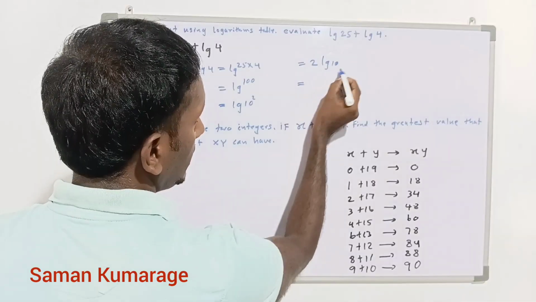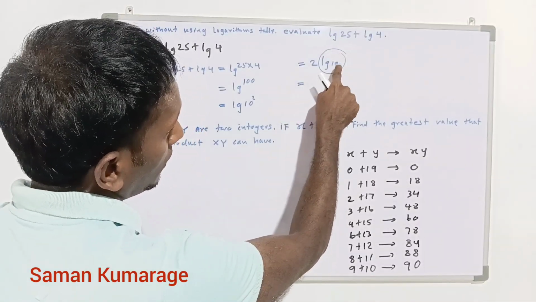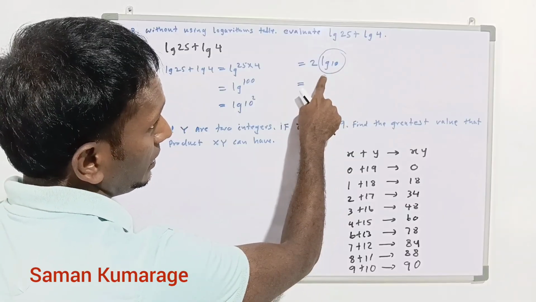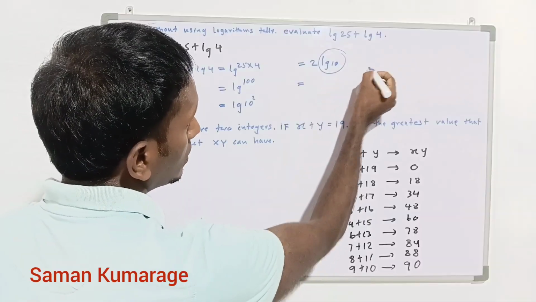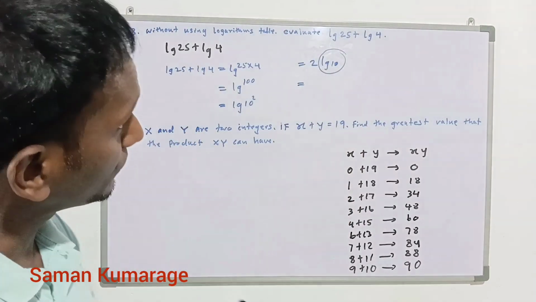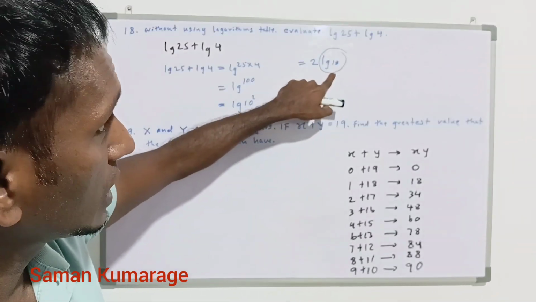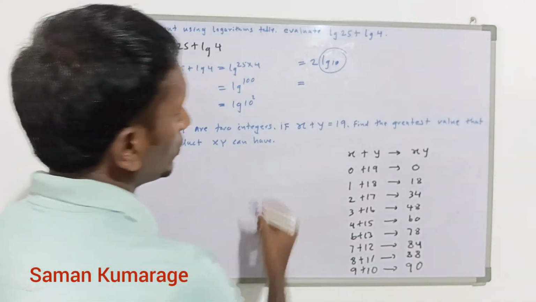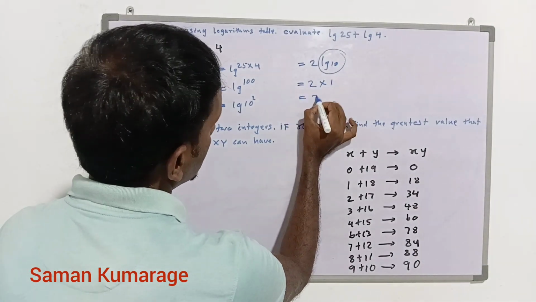So we can write this again. The logarithm of 10 to the base 10 is equal to 1. The logarithm of the base itself, of any number, is equal to 1. Therefore we can write 2 multiplied by 1. The answer is 2.